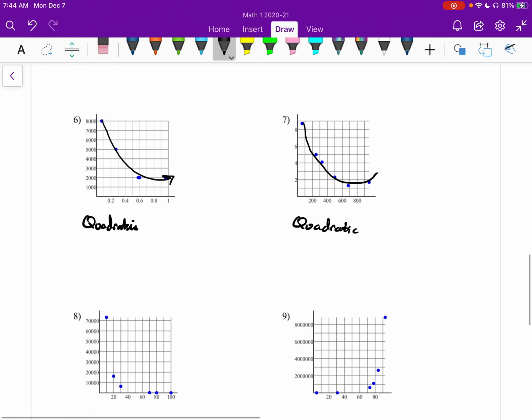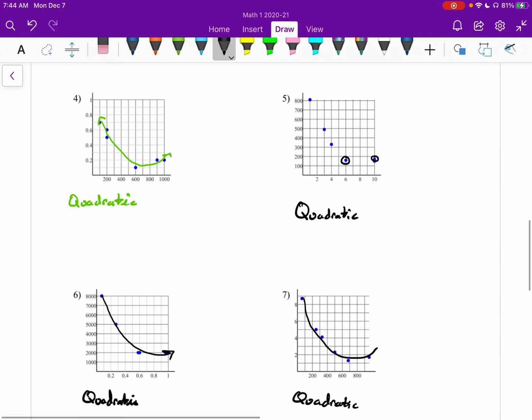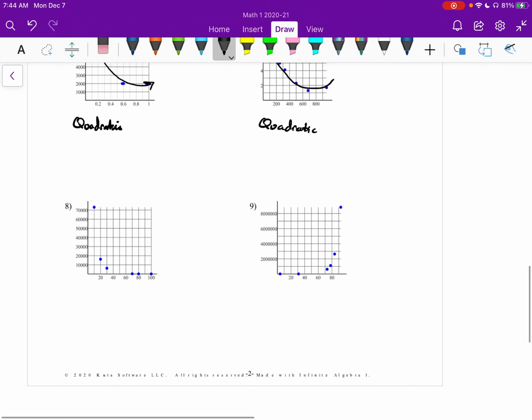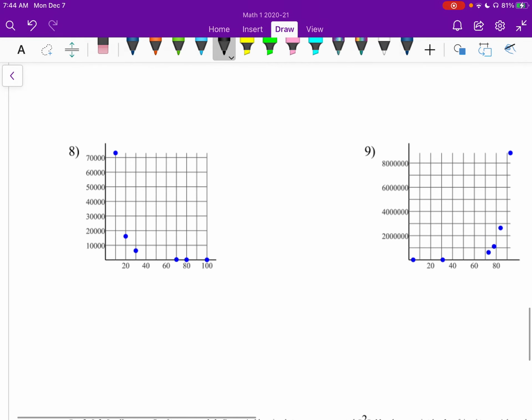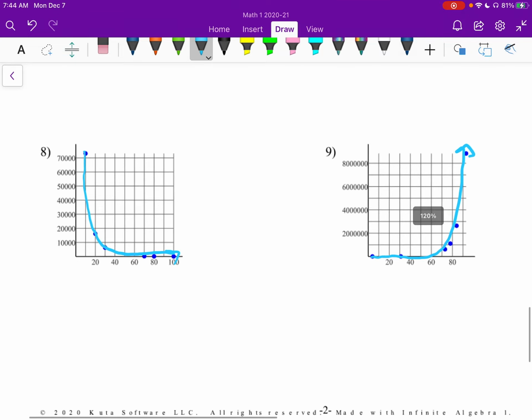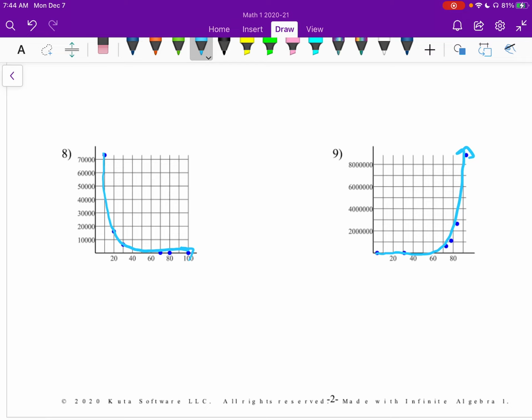The big thing is that the quadratics are much more gradual also. We could talk about them being gradual in comparison to the exponentials. The last two are exponentials because we start here and it goes really fast down. And then number 9, we start at the bottom and it goes really fast up. So that's another way to see that this is going to be an exponential. If you see really fast growth, then it's probably going to be an exponential.